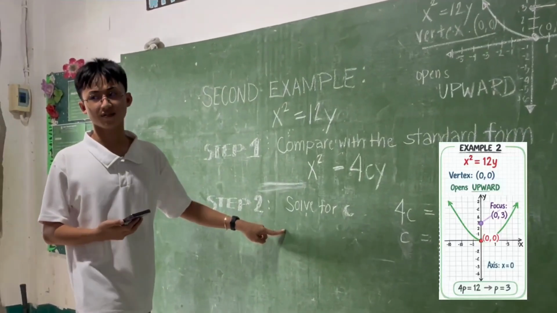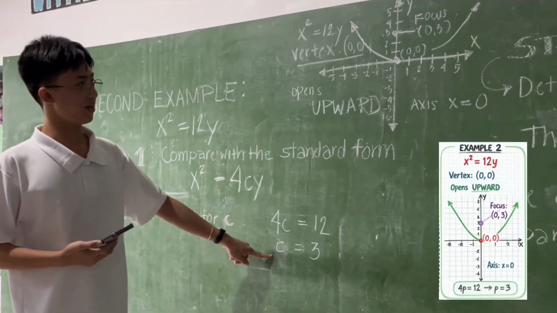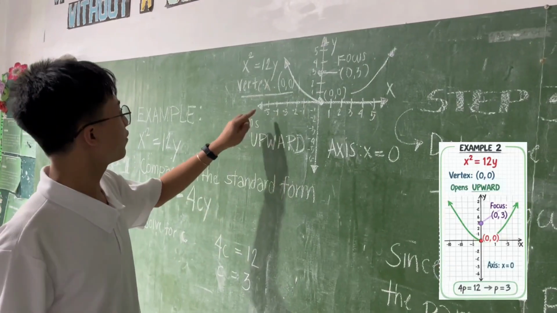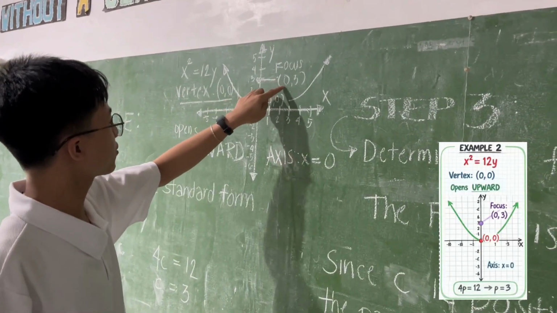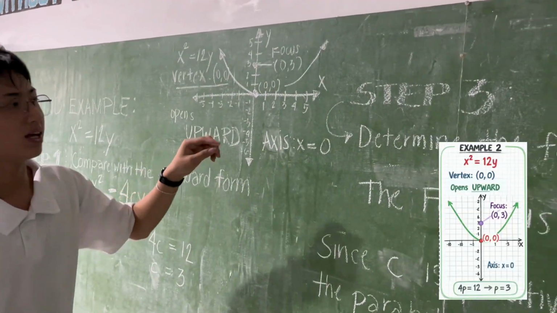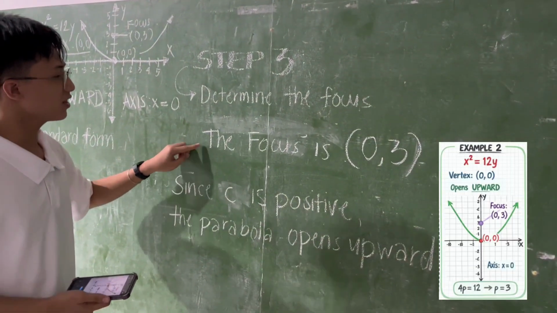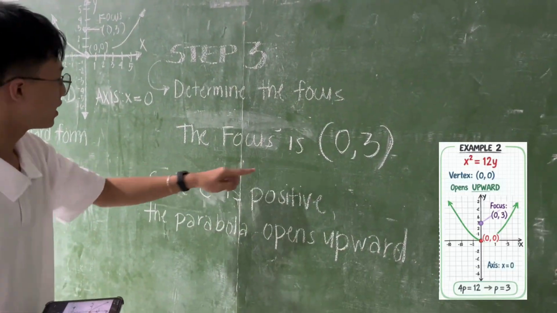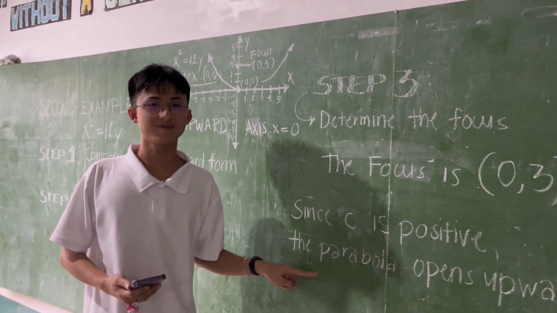Solve for c. 4c equals 12 and c equals 3. So the vertex is at the origin. The focus is (0, 3), and the parabola opens upward. Step 3. Determine the focus. So again, the focus is (0, 3). Since c is positive, the parabola opens upward.